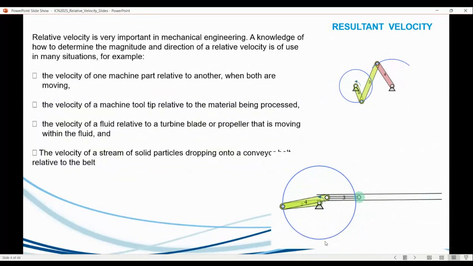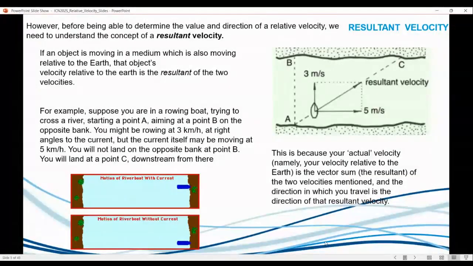And relative velocity is a very important topic in mechanical engineering. I'm not going to go into this, but it really occurs. It's a very important principle. We look at machine parts and even fluid moves. This is what we essentially come into, examples like that.